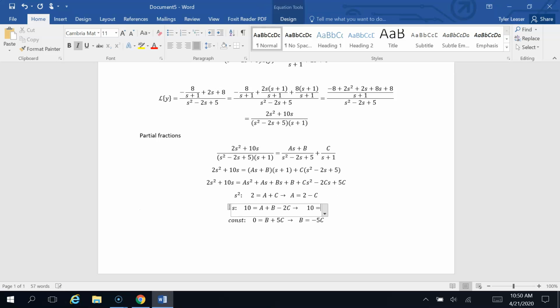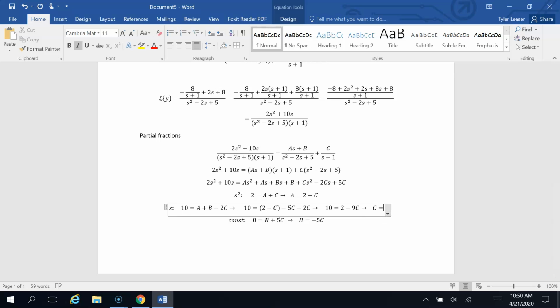So 10 on the left, a is now 2 minus c, plus b is now negative 5c, and then minus 2c. Alright, still 10 on the left. It looks like I only have a 2 on the right, and then negative c minus 5c minus 2c is negative 9c. Subtract the 2 over and then divide by negative 9.